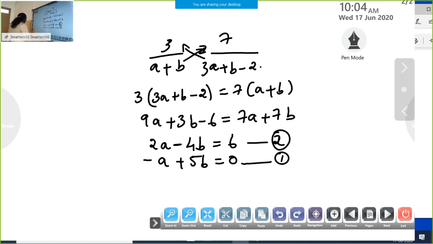Solve these two equations using the cross multiplication method or substitution method, any method.